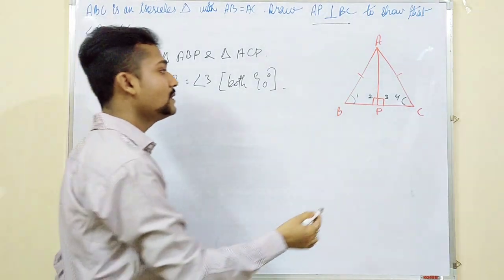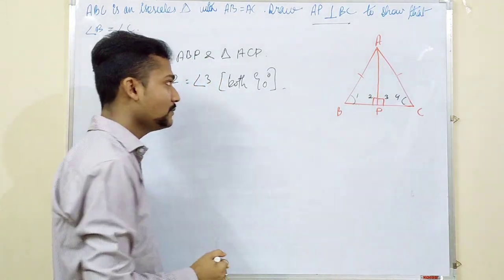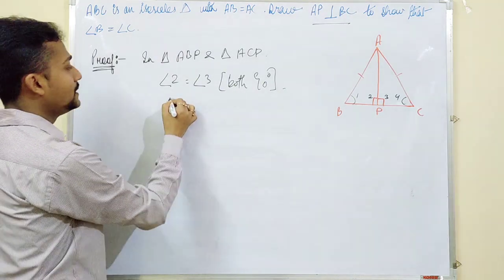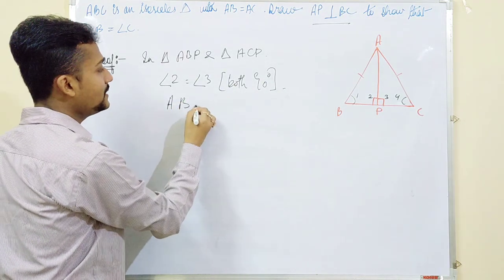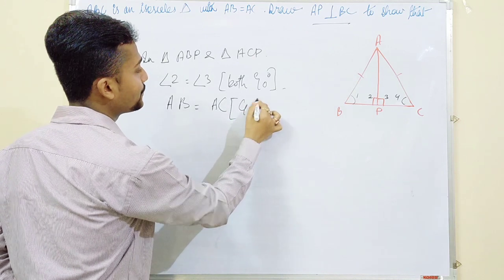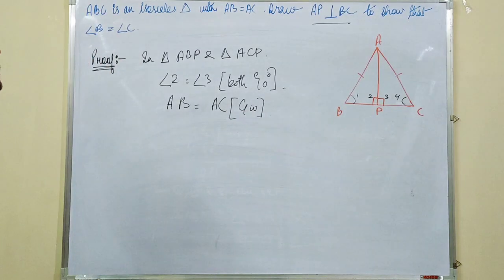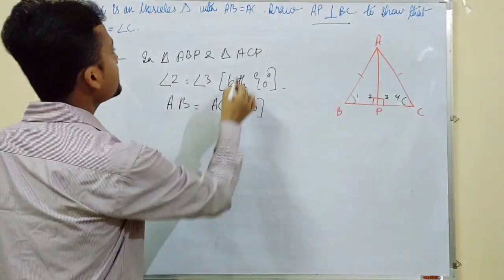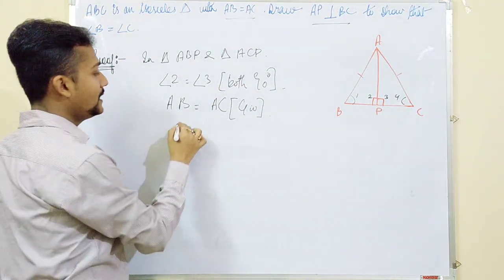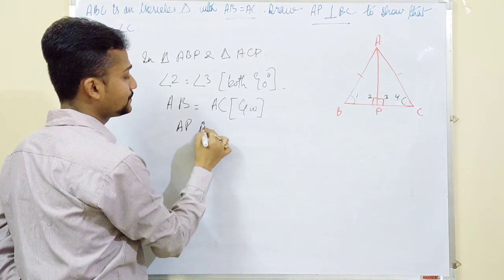If it is perpendicular, then angle 2 will be equal to angle 3 will be equal to 90 degrees. Then AB is equal to AC, given. This is also given in this particular question. Yes, AB is equal to AC. Okay. Then AP is common.